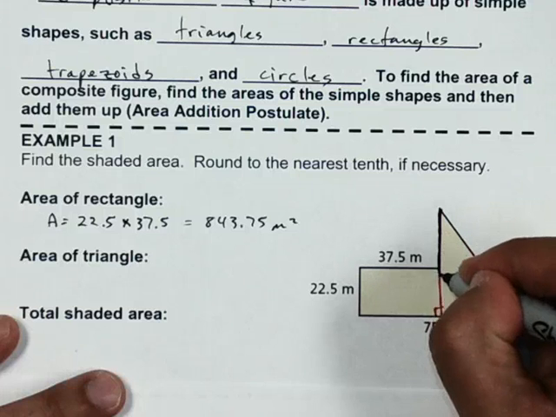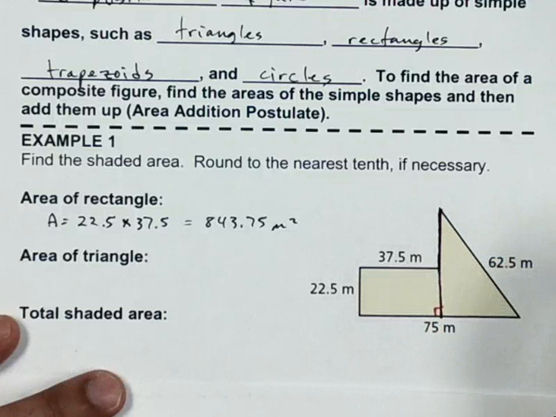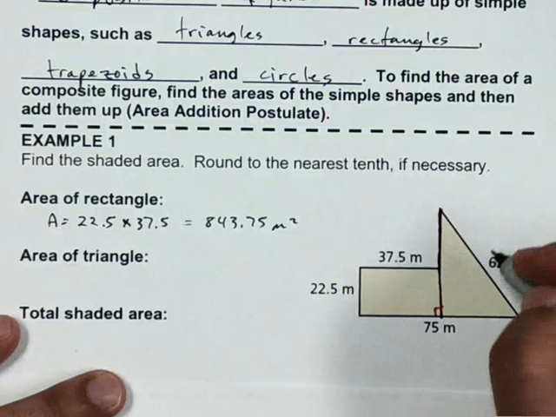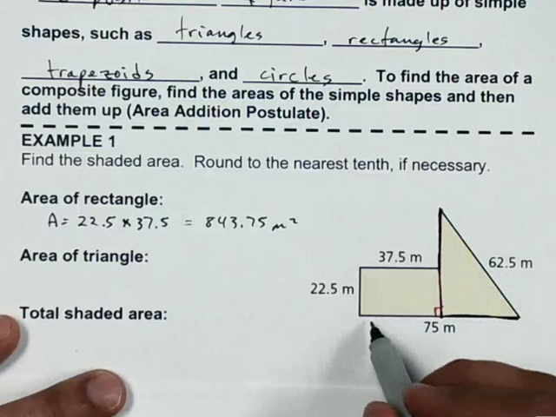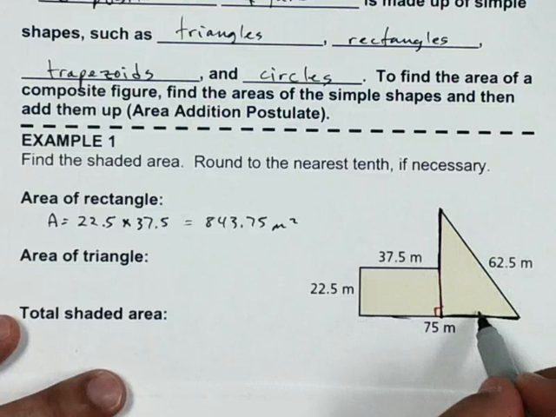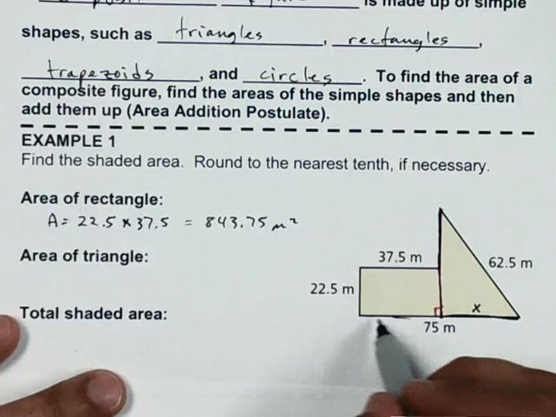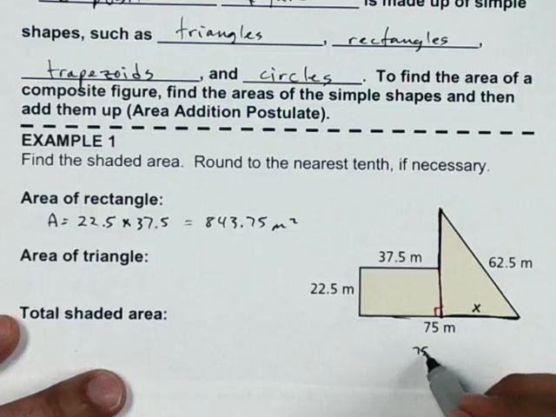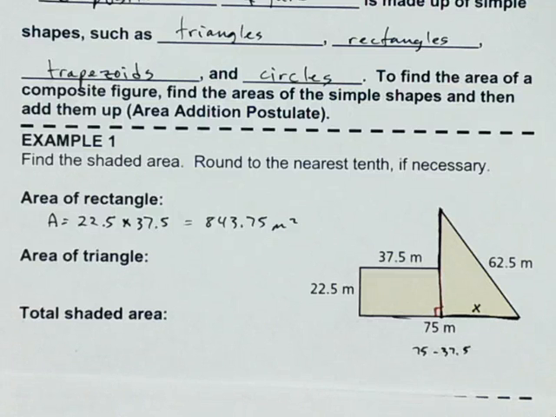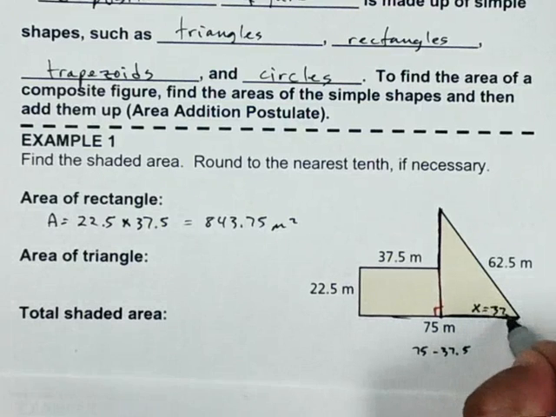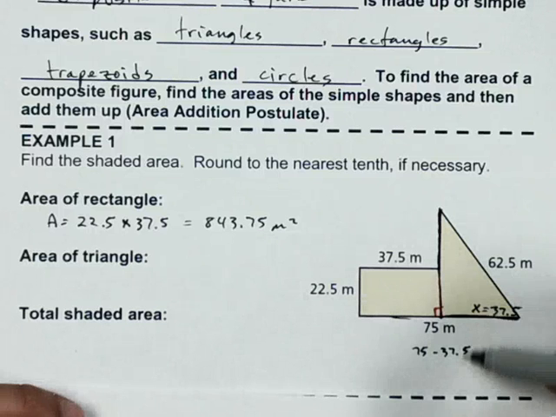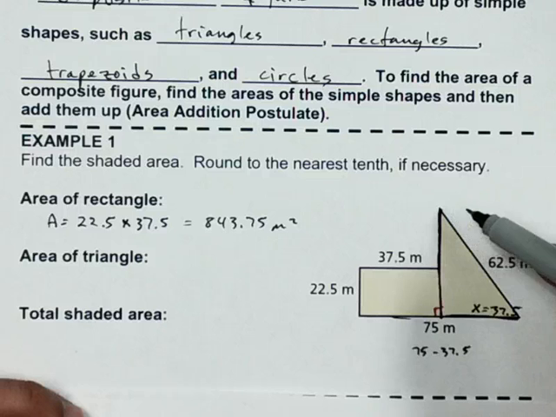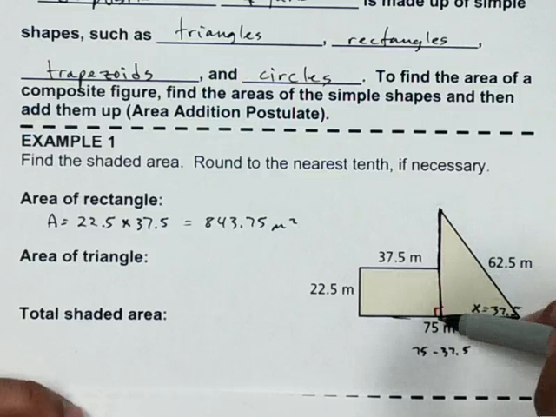Now, if I want to look at the area of this triangle, first I need to figure out what this distance is, and I need to know what this distance is. The easy one to find right quick is this distance right here, and that is 75 minus 37.5, which is 37.5. Easy enough. Now I can use a little bit of Pythagorean theorem to figure out what this right here is going to be.